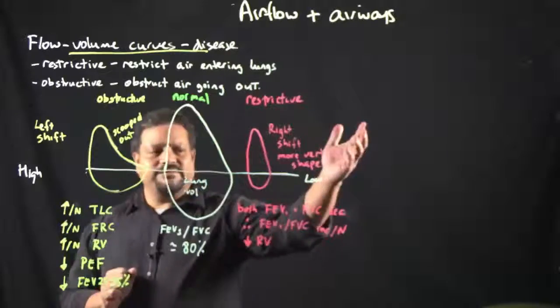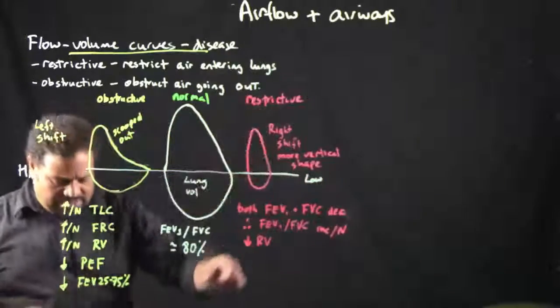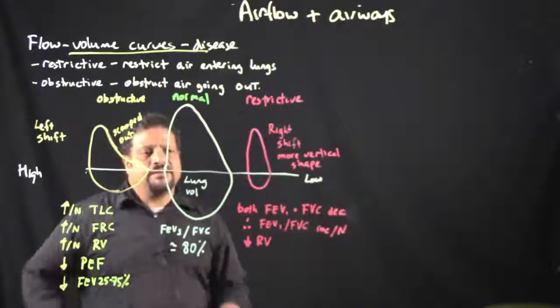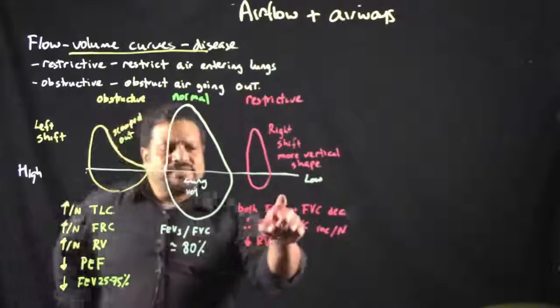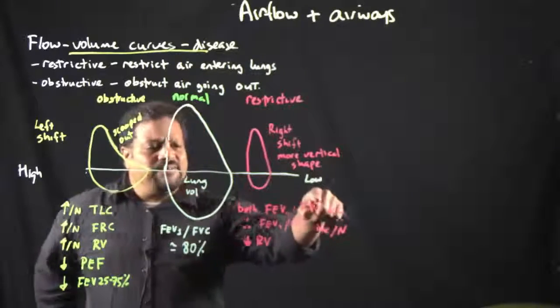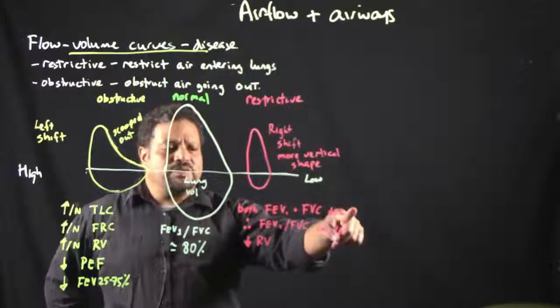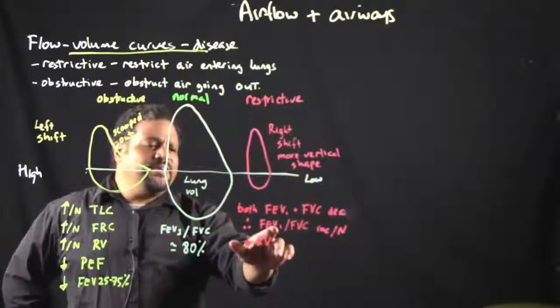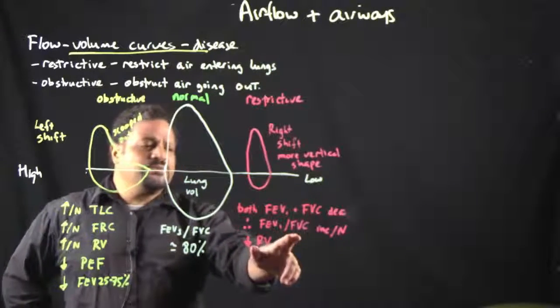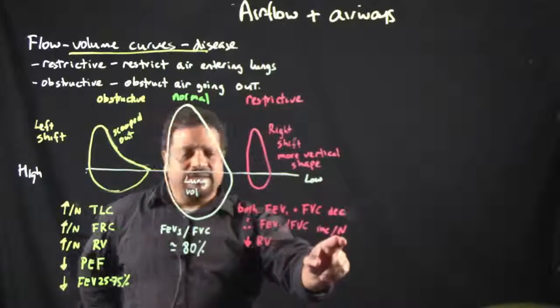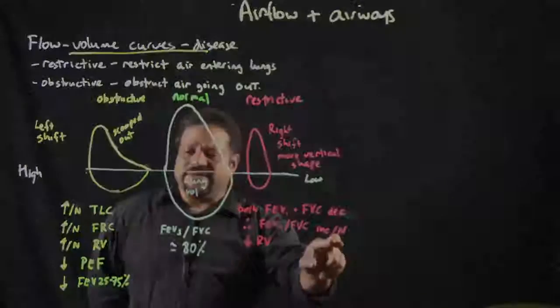In the restrictive, it has a more vertical shape. Okay? And what's important here is that both the FEV1 and FVC decrease. So that means that your FEV1 to FVC ratio is increased or normal. Okay? So that's really, really important for the restrictive.